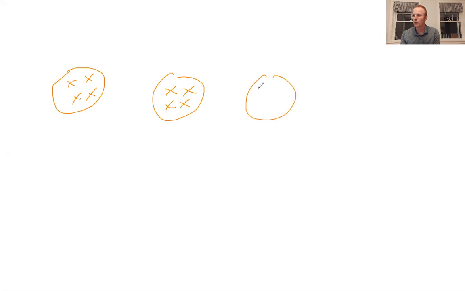So we talked a lot about size of group and the number of groups. So for example, we might have a set of things like this. I have 3 groups with 4 things in each group.